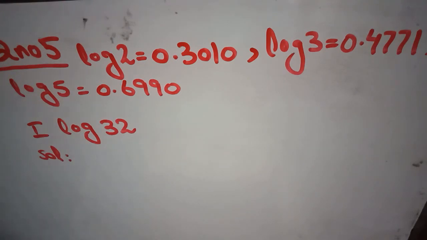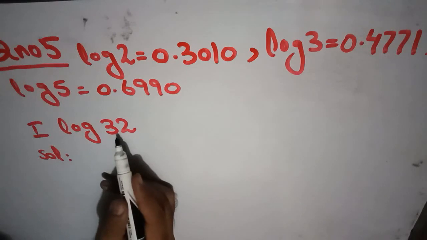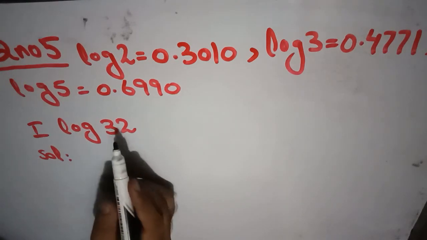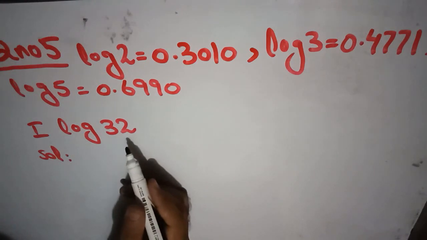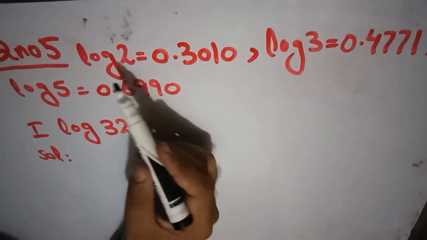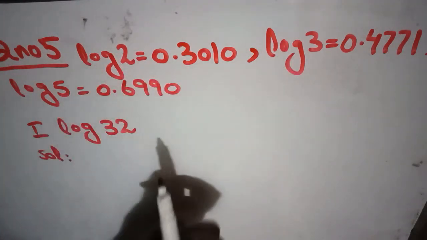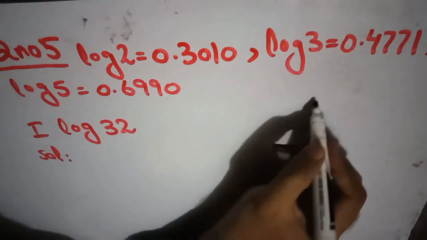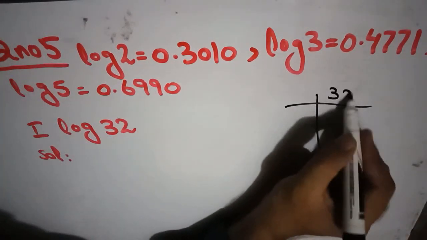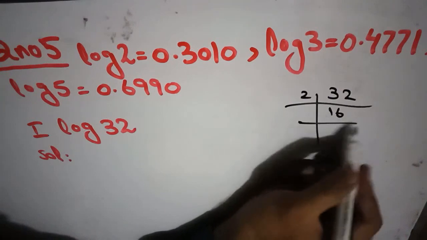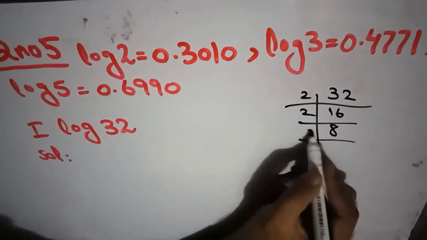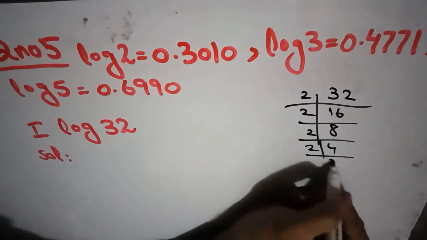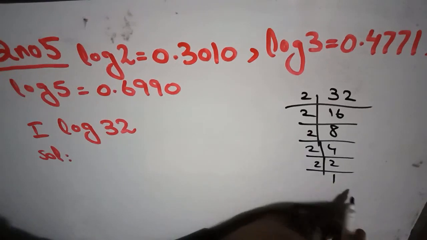By a very simple method. Just reduce the form or change the form. Like 32 is a power of some number or a multiple of some number, so it will be reduced in those numbers. So I am writing in rough work 2, 16, 2, 8, 2, 4, 2, 2, 2, 1.